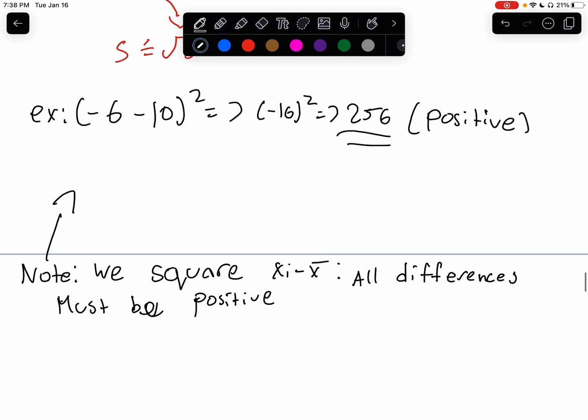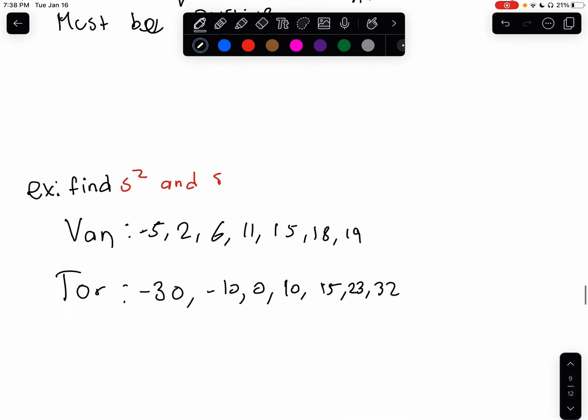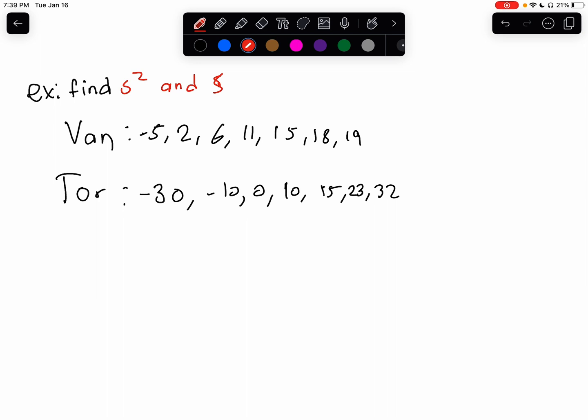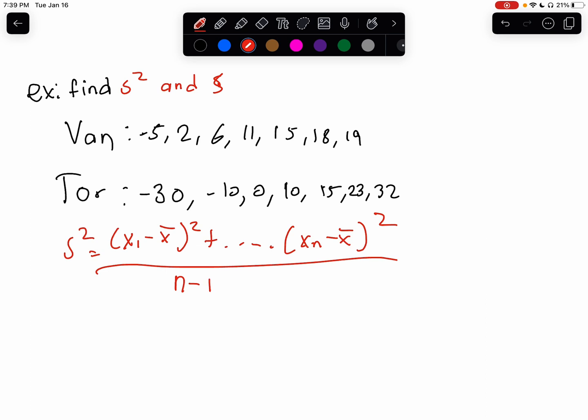All right, so as we move on, I'm going to go over an example. We have to find our sample variance and our standard deviation in our data set that we had earlier today. So we're going to go over our sample s squared. In this scenario, remember it's going to be (x1 minus x̄) squared plus ... plus (xn minus the mean) squared, divided by n minus 1.